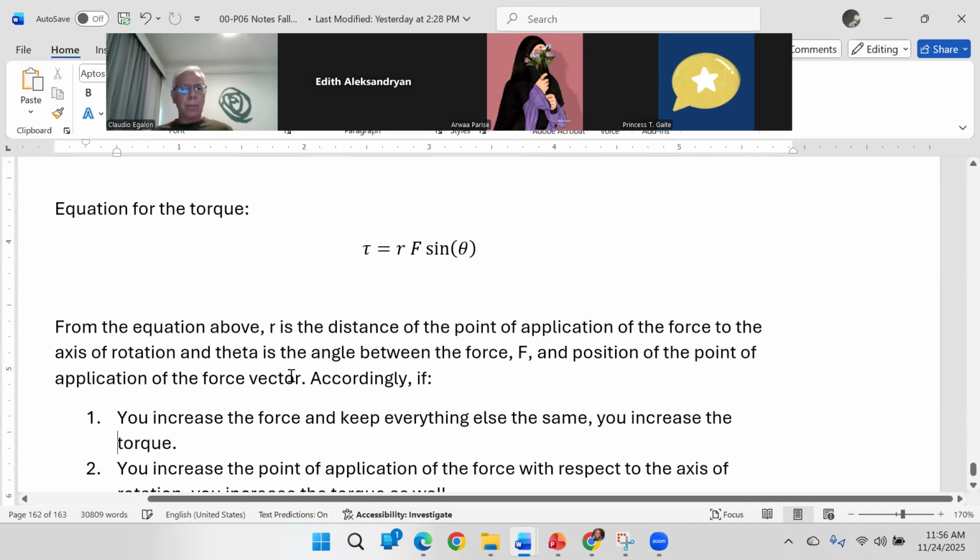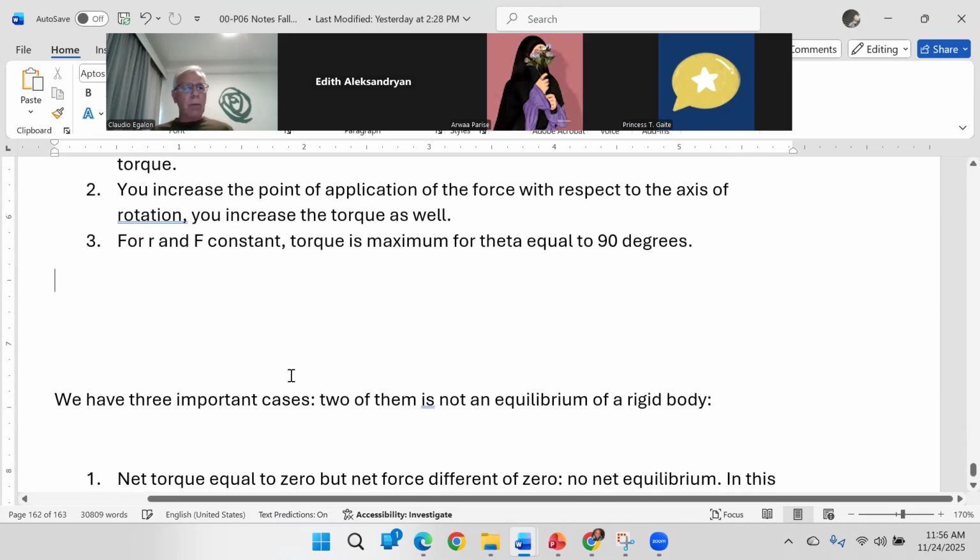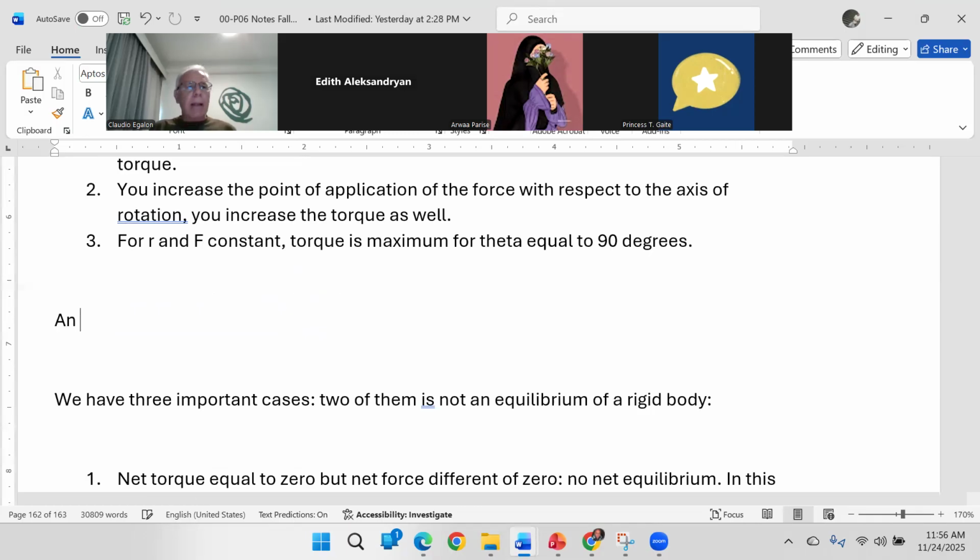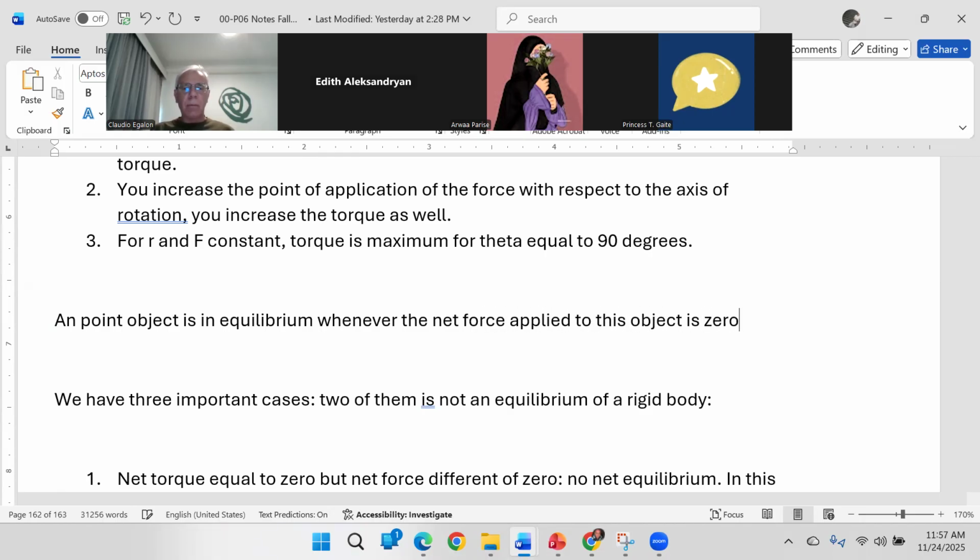An object, let's put it this way, a point object is in equilibrium, we saw that before, whenever the net force applied to this object is zero. Okay?